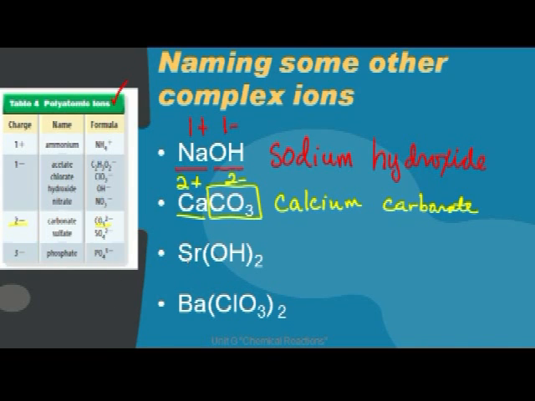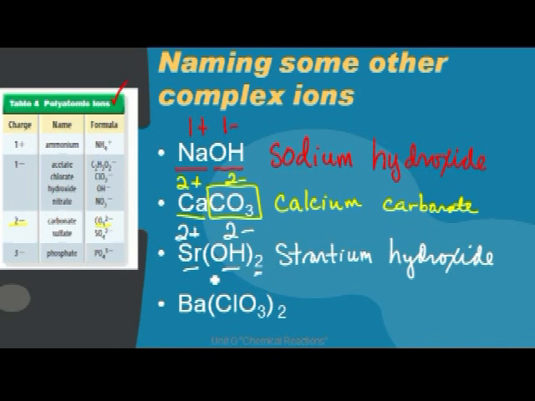Okay, the next one, Sr, is our positive ion. It's 2+. It's an alkaline earth metal. It's strontium. And just like before, for sodium hydroxide, OH is hydroxide. The oxidation number is 2-, because we have 2 hydroxides. So it's sort of like saying 2 times negative 1. And finally, Ba.